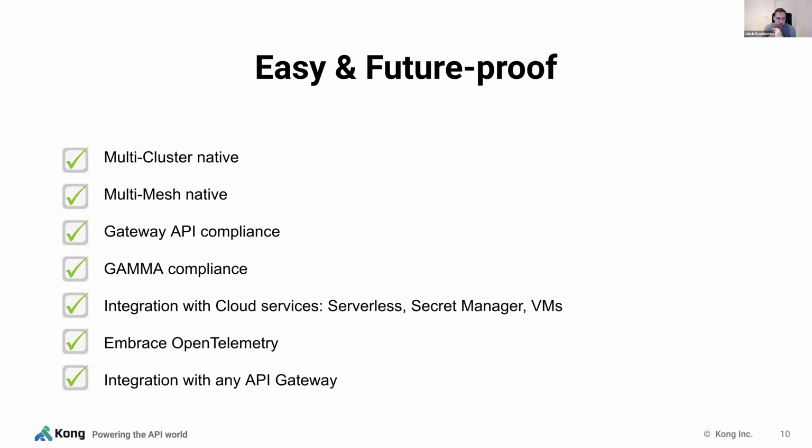We are also involved in GAMMA, which is an API standard developed by the Kubernetes community for configuring and managing various service meshes. We integrate with multiple cloud services, with secret managers like Vault, we support VMs and so on.